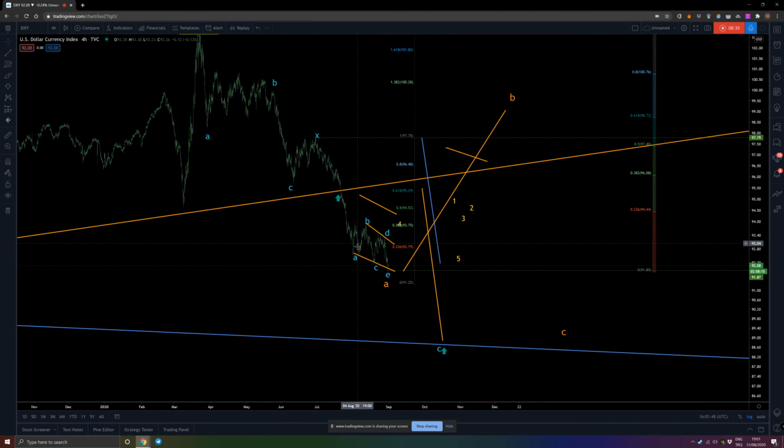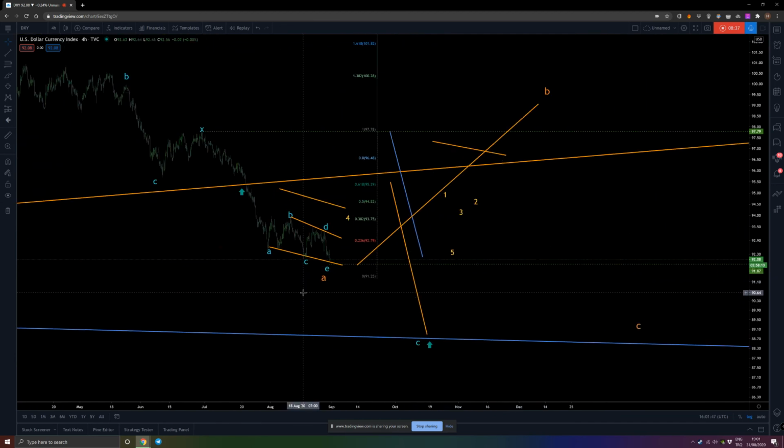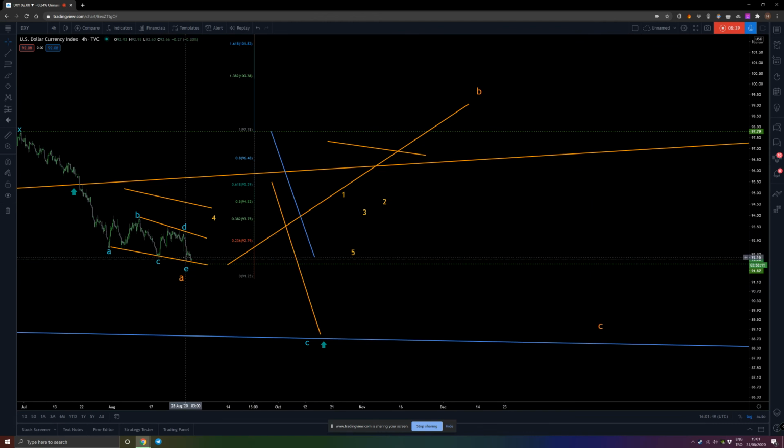Now, if this is a triangle, and you're assuming that the triangle will be over soon, the break of the B to D trend line is the first step that we should be careful about. If you have a break of the B to D trend line, then maybe it is wise to think that a retest is possible.